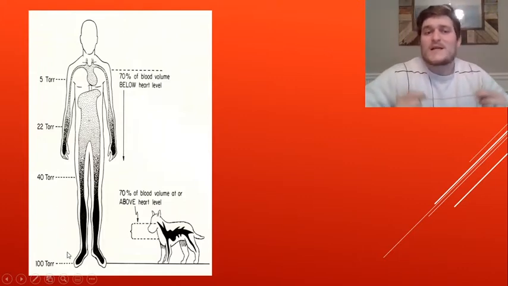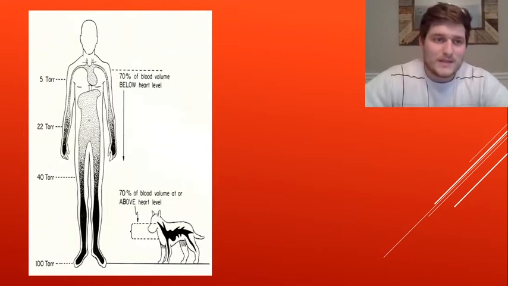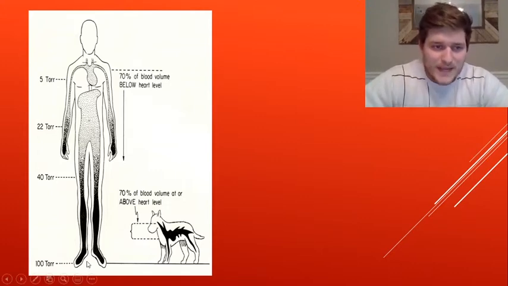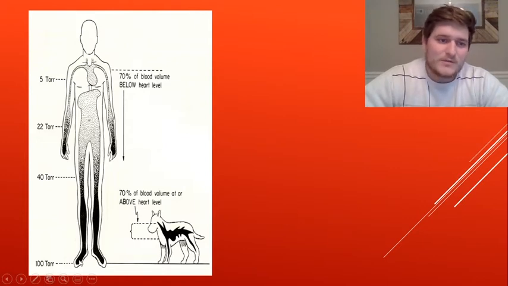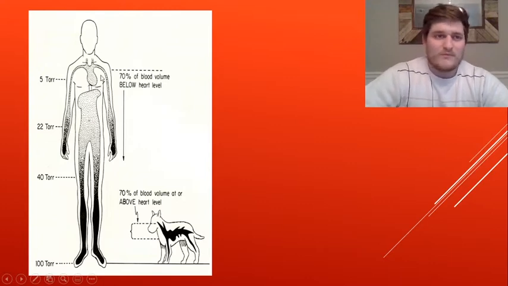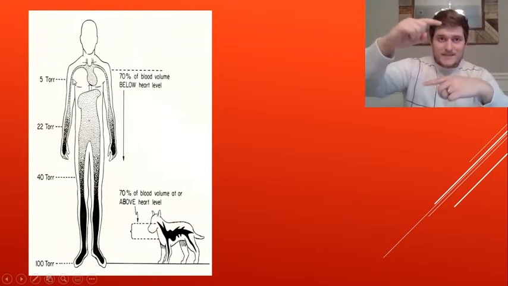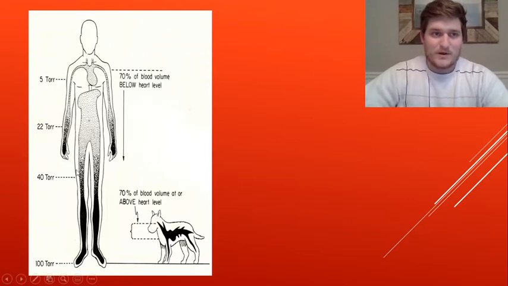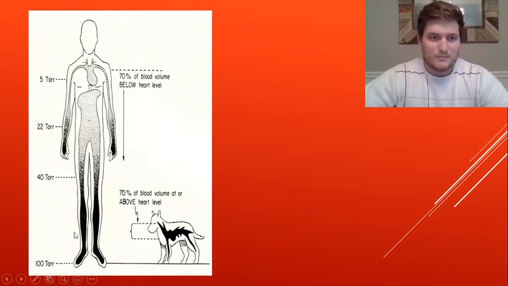So when we're discussing hydrostatic pressure, we can see that the pressure at the feet is going to be a lot greater than it is a little higher up on the legs, and then at the torso, because from the reference of the heart, the height of that column is much greater from the heart to the feet than it is to, let's say, the torso. So a greater hydrostatic pressure is going to be experienced at the feet when standing upright than closer to the heart.